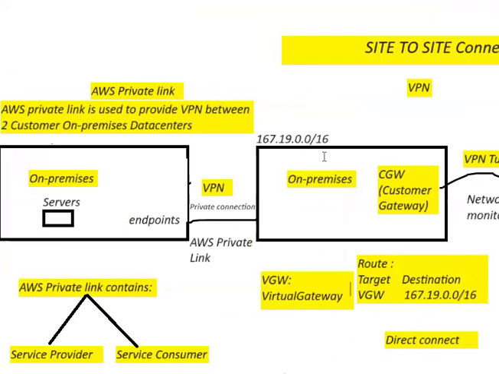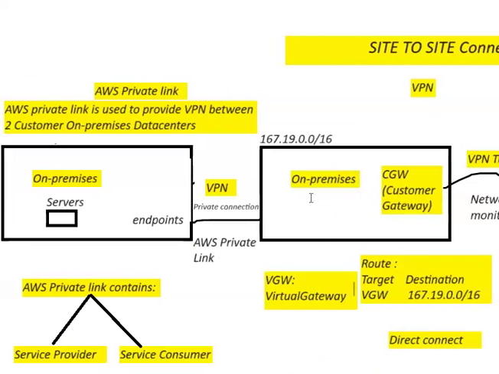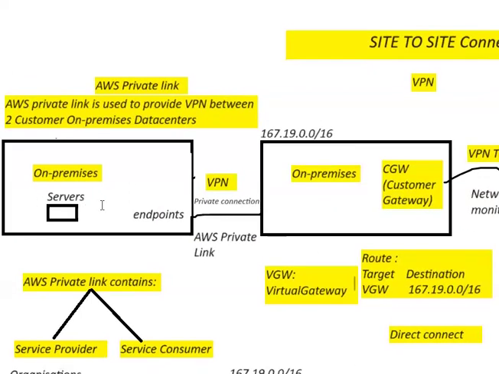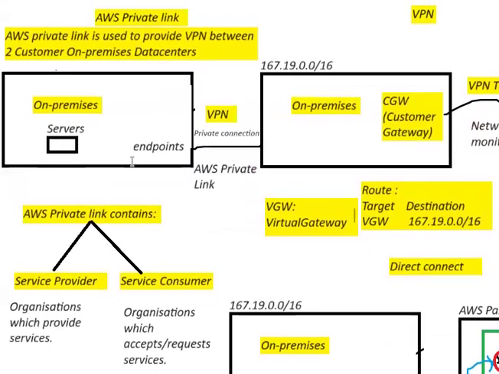In a similar way, if you are expecting a virtual private connection between two on-premise data centers for any data transfer, then you can prefer AWS PrivateLink, create the endpoints, and provide the connection between them. Then it will create a virtual private network between your two data centers.